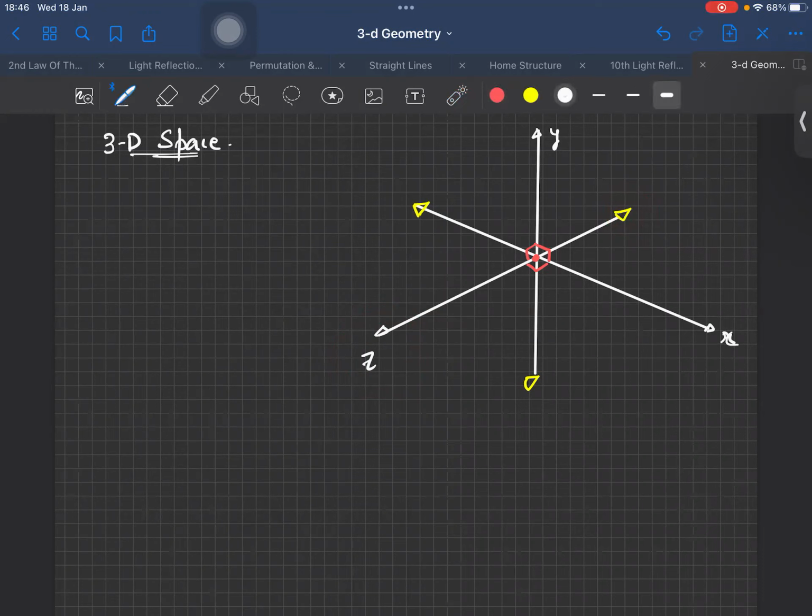See, here we follow the right hand rule. You might have studied Fleming's right hand rule as well, right? If you put your thumb, forefinger, and middle finger in mutually perpendicular directions, we can understand using this right hand rule.